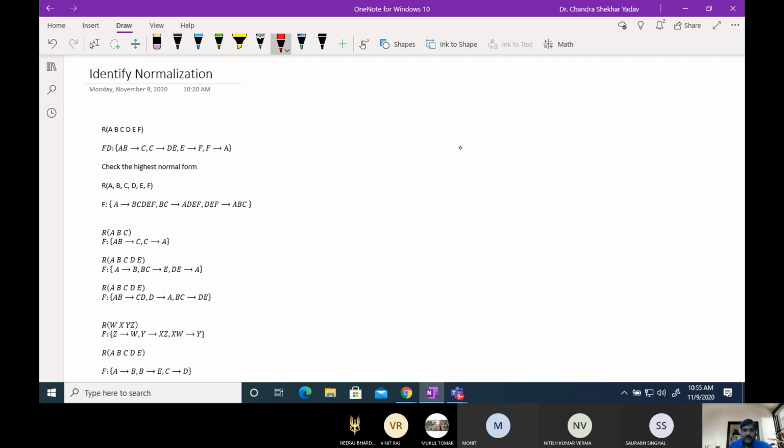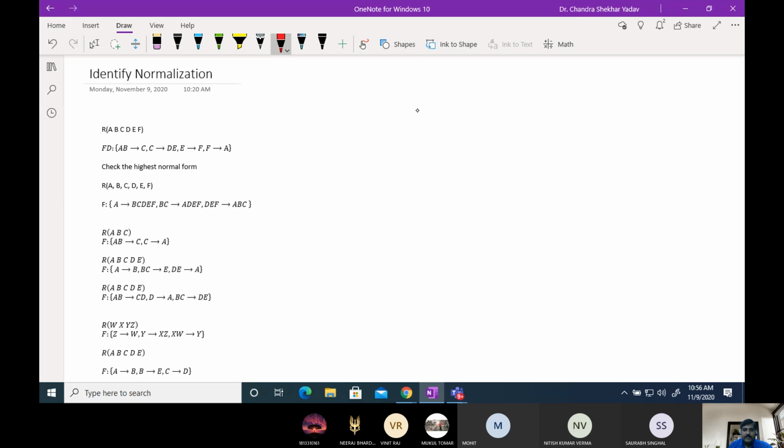As you all know, a table or relation is said to be in first normal form if and only if all the underlying domains contain atomic values, and by default all the tables are in first normal form.